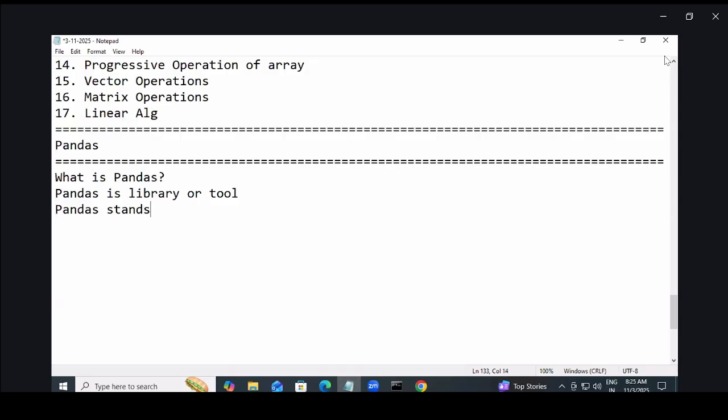Pandas stands for Python data analysis, or it is also called panel data system. Panel data system or Python data analysis.